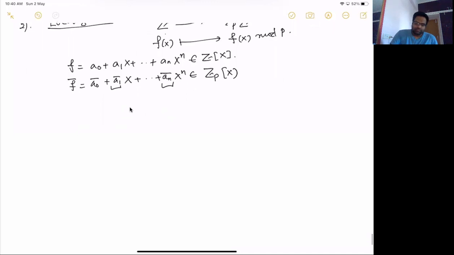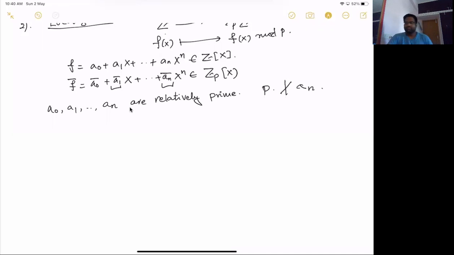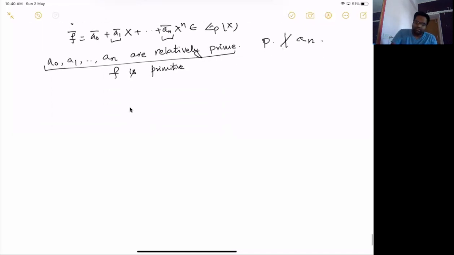This is called the localization principle. Suppose a_0, a_1 up to a_n are relatively prime, so f is a primitive polynomial, and suppose p does not divide a_n.